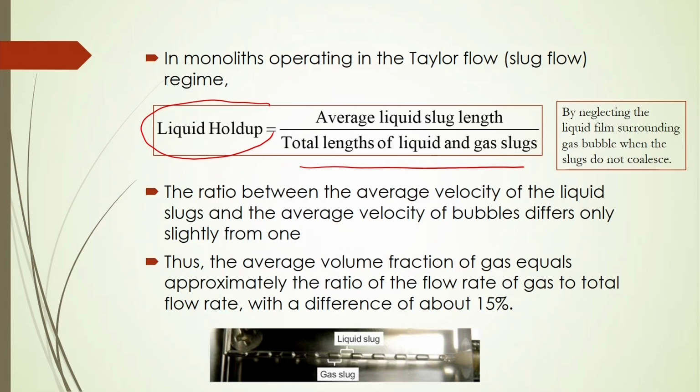That is why you can directly obtain the liquid hold up from the liquid slug length and the gaseous slug length. The average volume fraction of the gas approximately equals the ratio of the flow rate of the gas to the total flow rate, with a difference of about 15%. So, either you can get it from the slug lengths of the gas and liquid, or you can get it from the velocities of the gas and liquid through the channel.